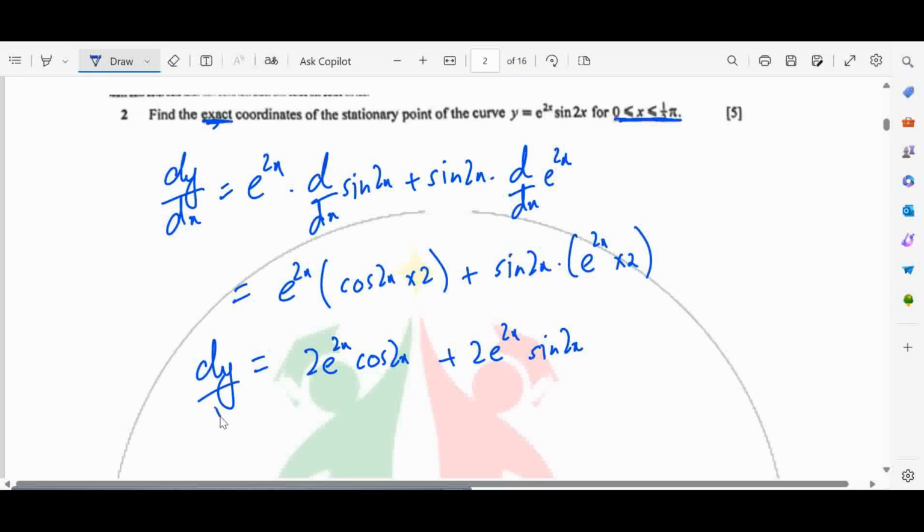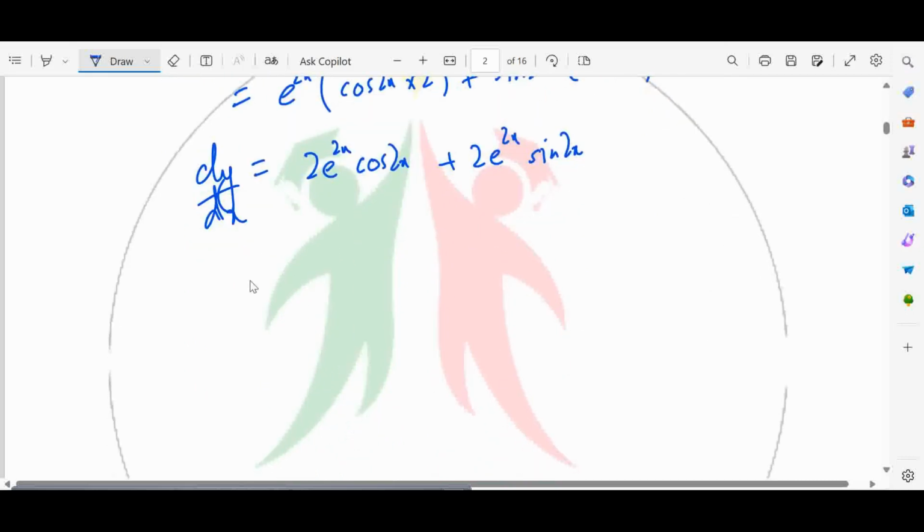Now we know that at the stationary point dy by dx will be equal to 0. That is why 0 is equal to, we have to take this common, so 2e power 2x times cos of 2x plus sine of 2x.